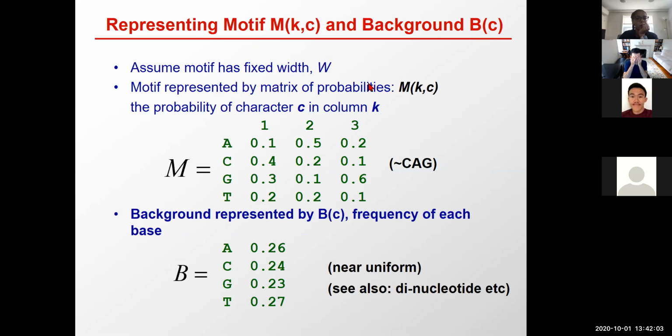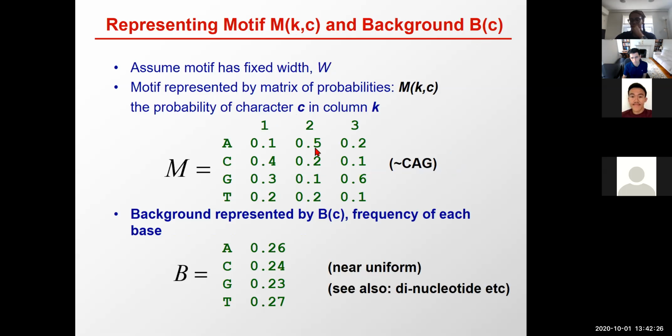All right, so let's now look at how we can actually represent the motif and the background. So we're going to assume that the motif has some fixed length, W, the width. And let's say that the width is only 3, that it's a 3 long motif, which basically matches CAG roughly. So CAG, okay?